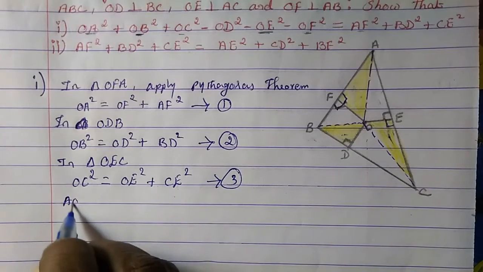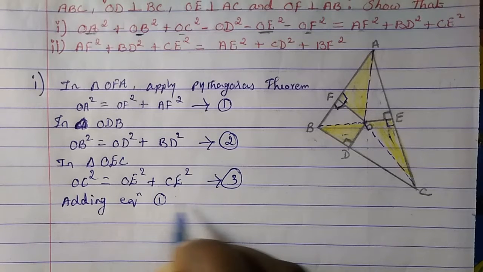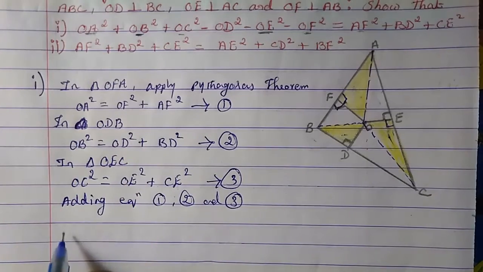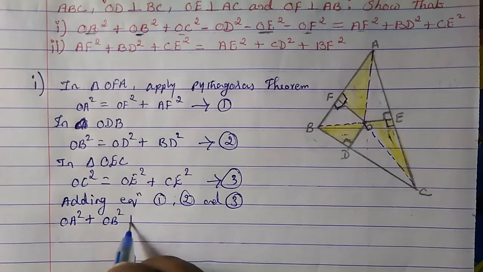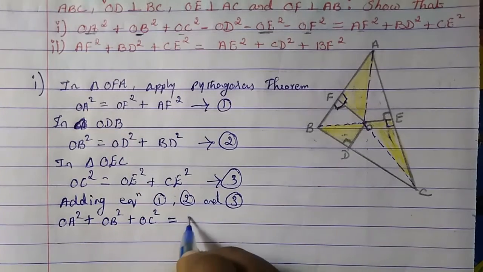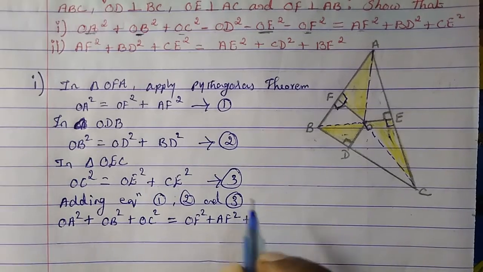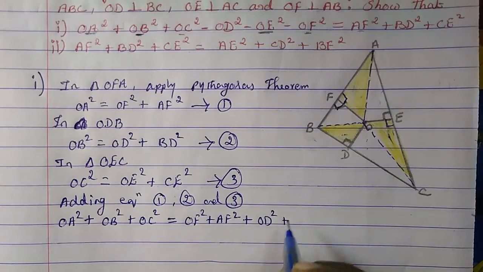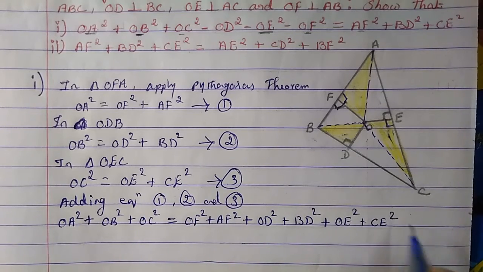So let's add all three equations. Adding the equations, on the left side you add first: OA square plus OB square plus OC square is equal to OF square plus AF square plus OD square plus BD square plus OE square plus CE square.